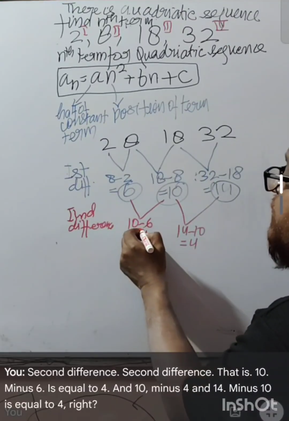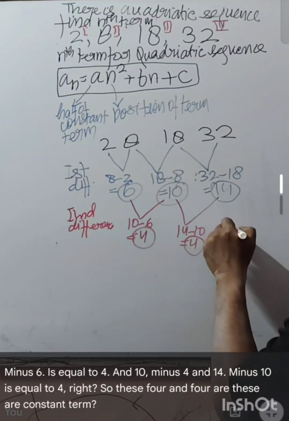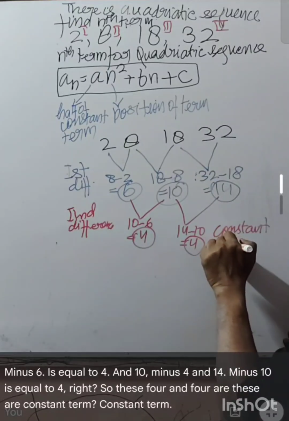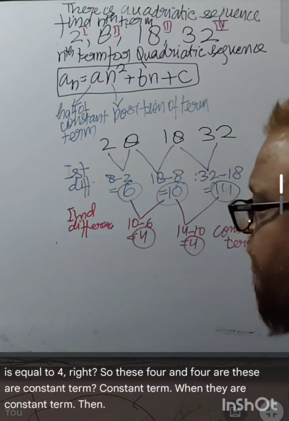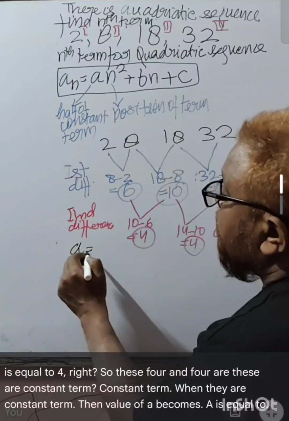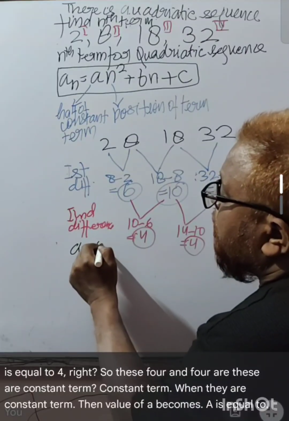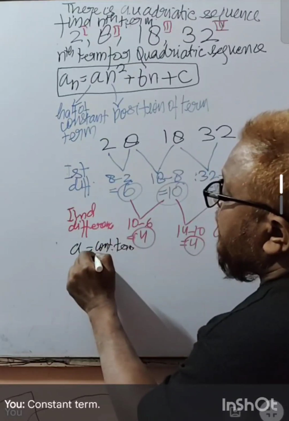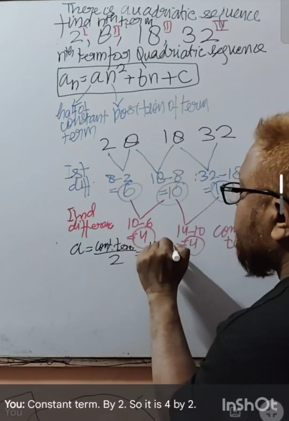So these 4 and 4 are the constant term. When they are the constant term, then the value of A is the constant term divided by 2. So it is 4 by 2, it becomes 2.